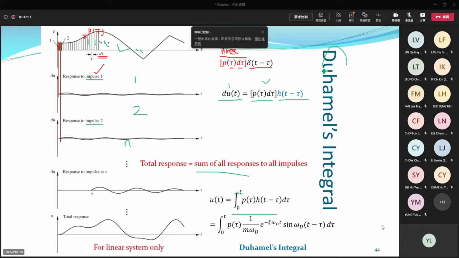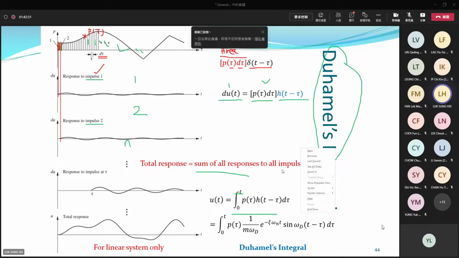The Duhamel integral means we consider the unit impulse response, and then we divide the whole loading history into many vertical strips. We apply our unit impulse response n times. Finally, we add up all the responses due to all impulses together using this integral form.